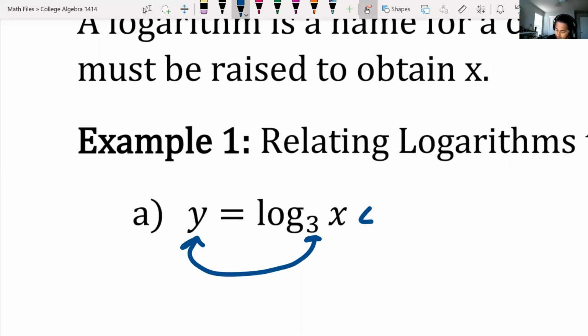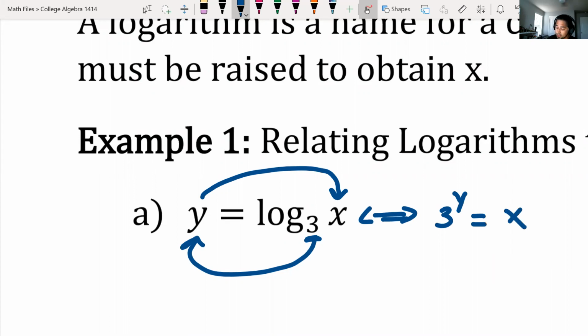So what we have so far is 3 to the y, and then we set it equal to the inside of the log, which is x. So take the base of 3, raise it to the outside number of y, and set it equal to the inside of the log, which is x. That is how you convert from log to exponential.